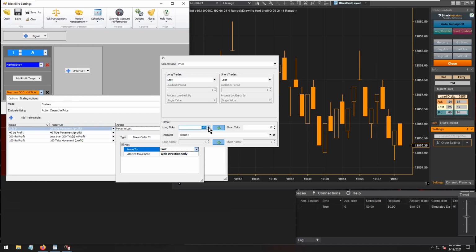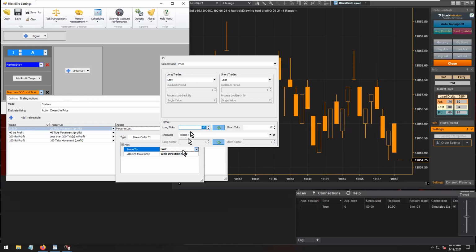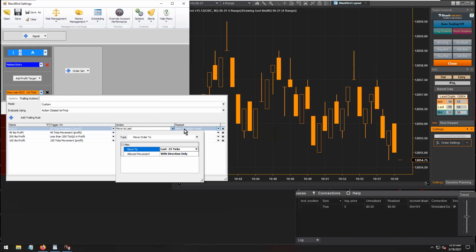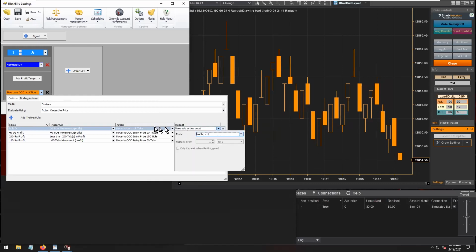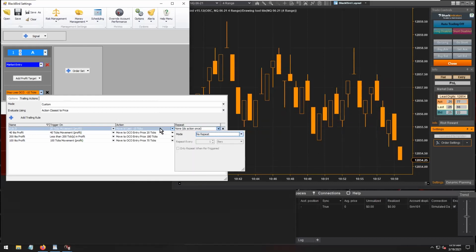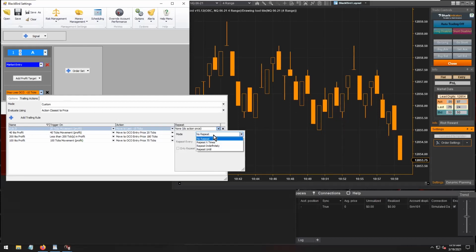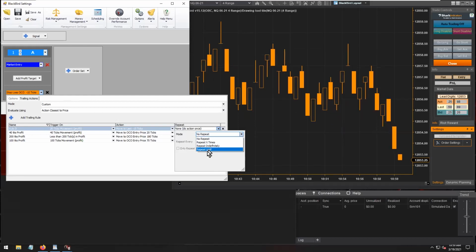And then we'll do 15 ticks, just for example. For this type of more standard trailing stop loss, this will utilize a repeat here, and we'll repeat indefinitely. In this case, we'd probably want to repeat this every one tick of movement.